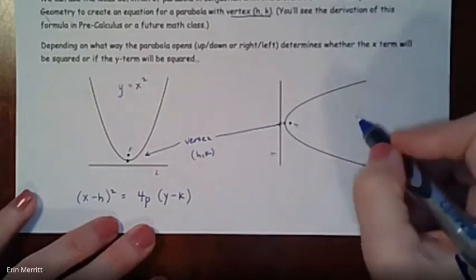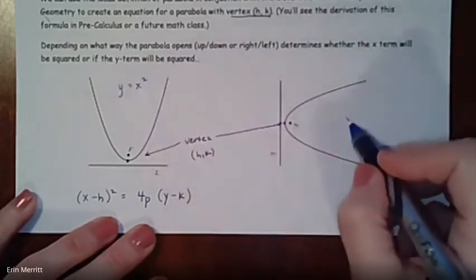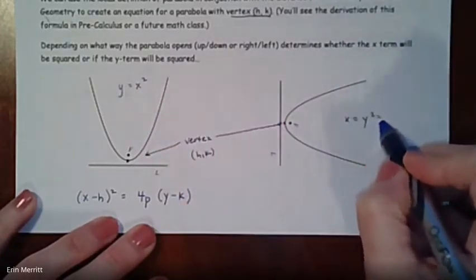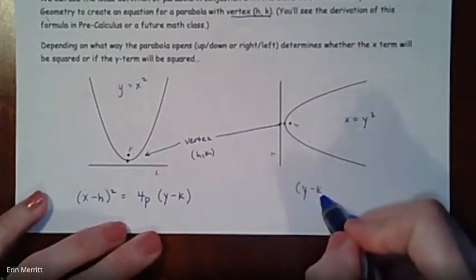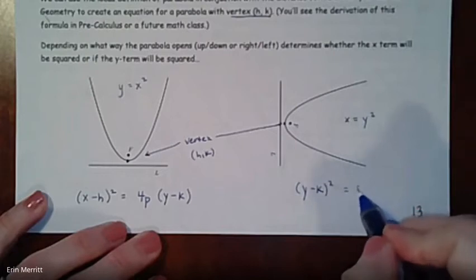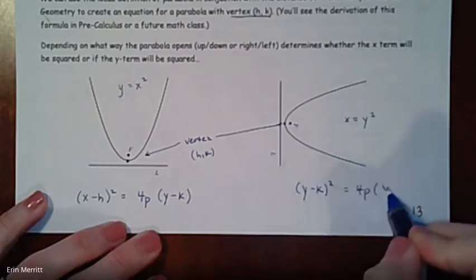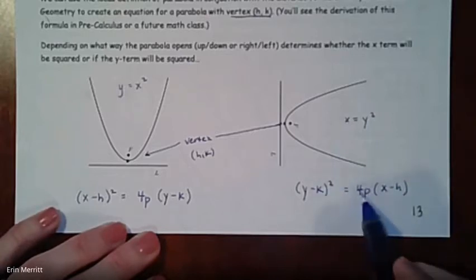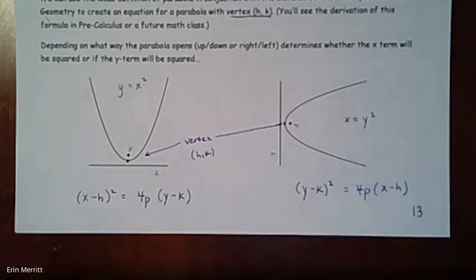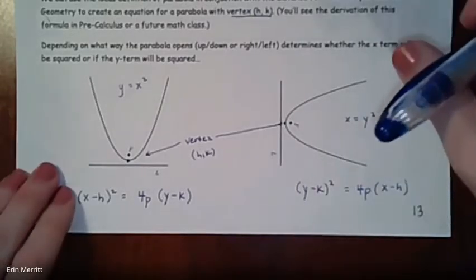The only difference is instead of y equals x squared, this is an example of x equals y squared. So in this case, it's the (y minus k) part that's squared, and then we put 4p on the other side with the (x minus h). So one side gets the square, one side gets the 4p piece. I'll explain what all those things mean as soon as we flip it over here. All right.